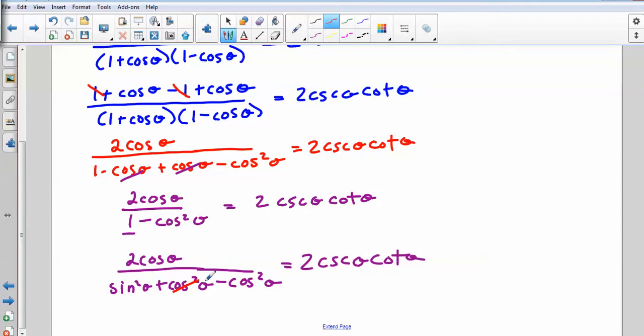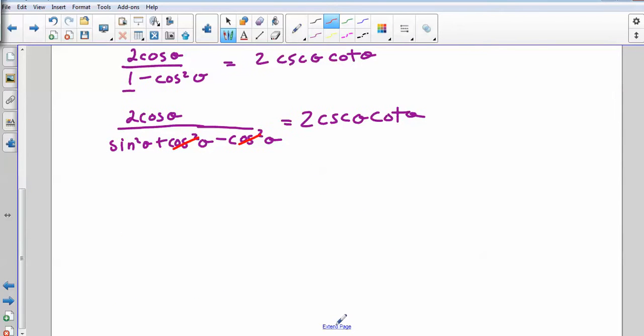Okay, so these two cancel out, and I have 2 cosine theta over sine squared. So let's take a minute to look at what we're trying to make. This 2, I see it right here, so I'm just going to pull that out front. Cosecant I know is 1 over sine, and cotangent I know is cosine over sine.